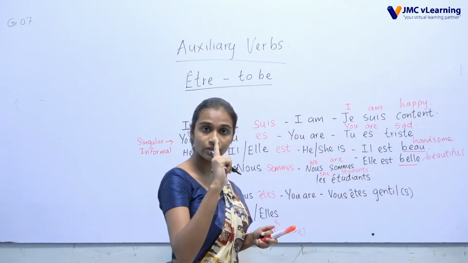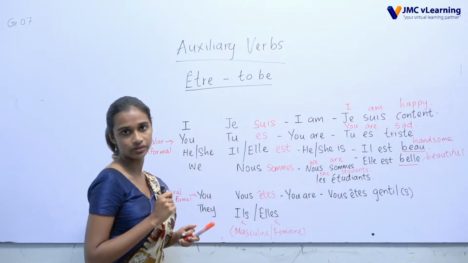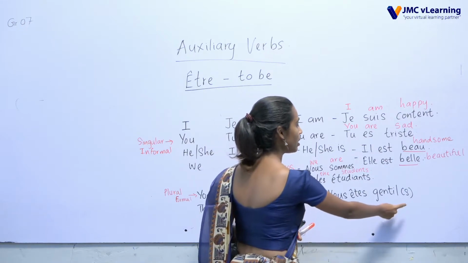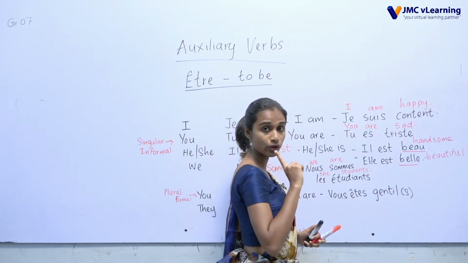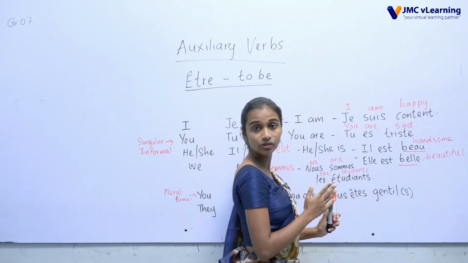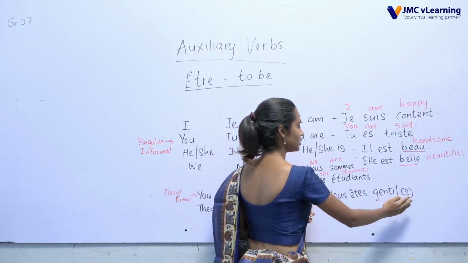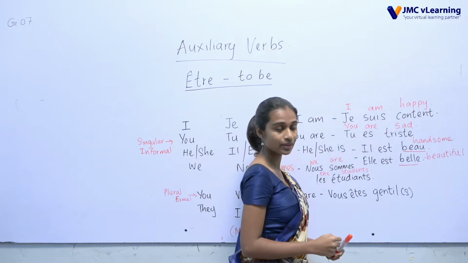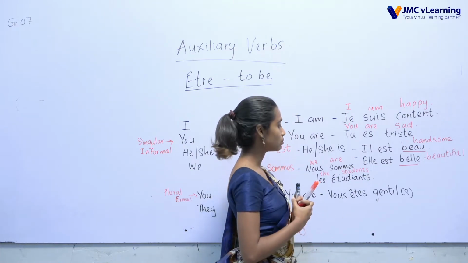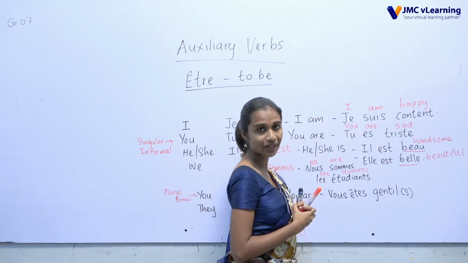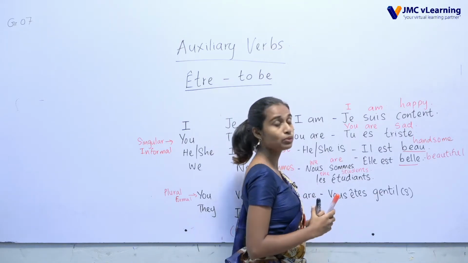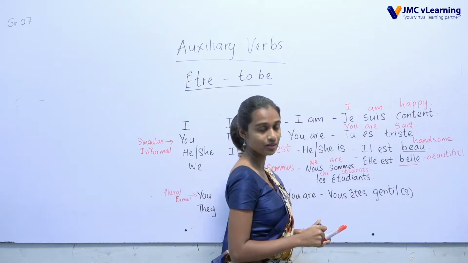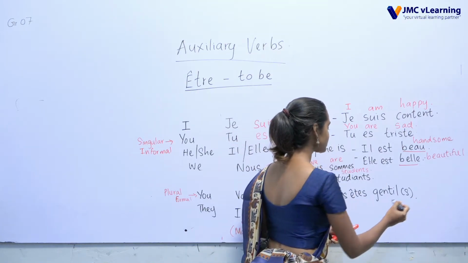If you are talking to only one person in formal form, then you can use gentil without s. If you are talking to more than one person, then you have to use s for the adjective, right?